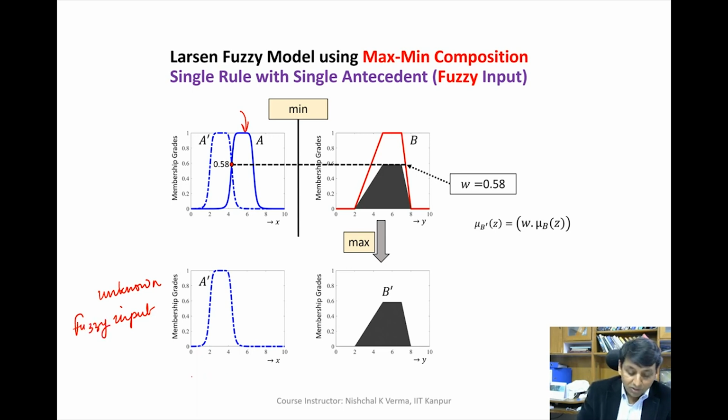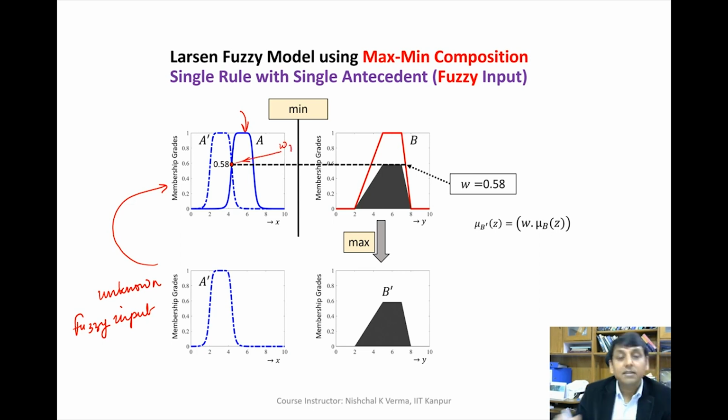When this input is coming, it is superimposed here. We can clearly see that A dash is superimposed over A. When both are shown together, A dash and A, we see a point of intersection here as W1.